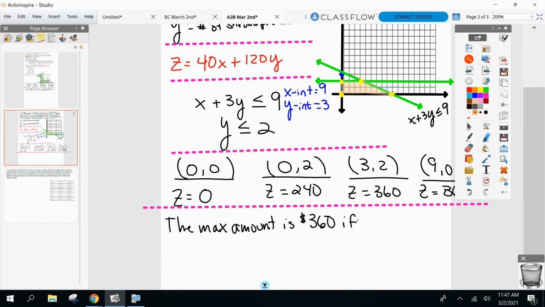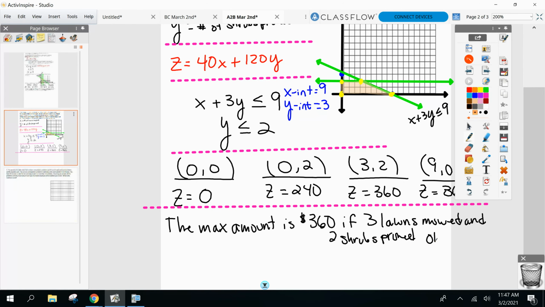So in this case, the max amount is 360 if 3 lawns mowed and 2 shrubs pruned. That just doesn't sound right.